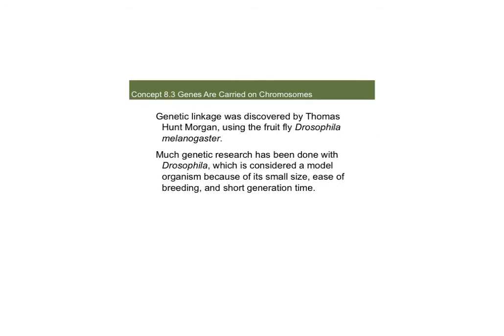This genetic linkage was discovered by Thomas Hunt Morgan using fruit flies, or Drosophila. Now, these flies have been used a lot in genetic research because of a few reasons. 1, they're small. 2, they're easy to breed. And 3, they have a short generation time.